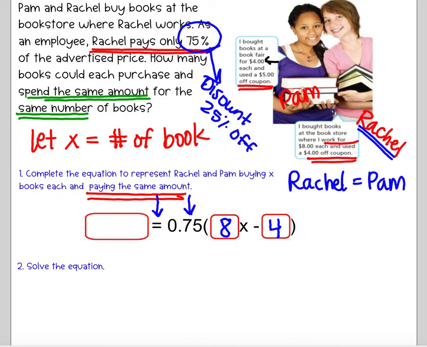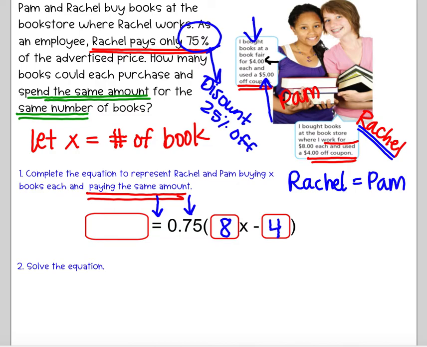Okay? So let's read that expression again. She pays 75% of $8 a book, take away $4. That's her coupon. Okay. Now let's do Pam. Pam spends $4 a book, but has a coupon for $5 off.